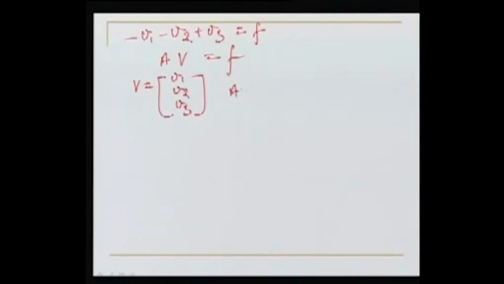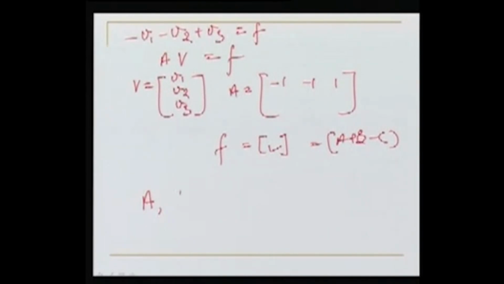So our A becomes minus 1, minus 1 and 1, and F is that particular constant, which was A plus B minus C. So once we have determined A and V and F, now the rest of the solution is easy.